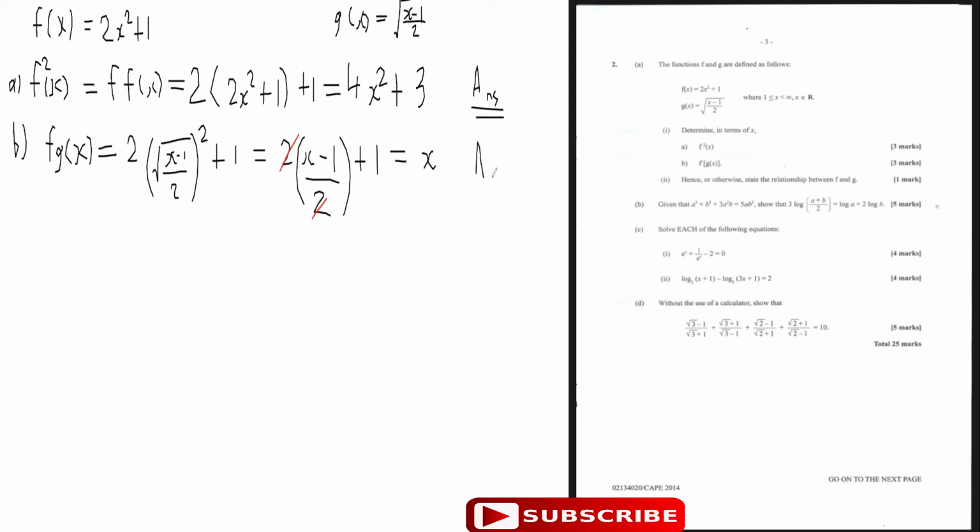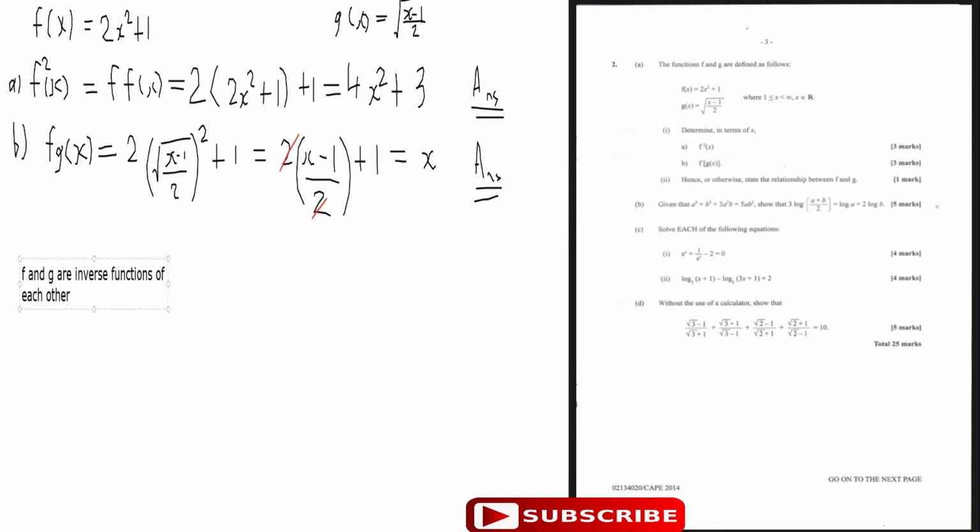So if fg of x is equal to x, then what does that mean? That is telling us that the two functions are inverses of each other. So we can state, hence or otherwise, the relationship between f and g. In the second part, we can tell them f and g are inverse functions of each other.